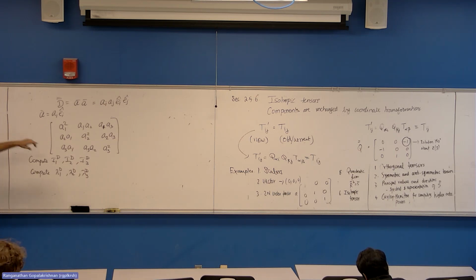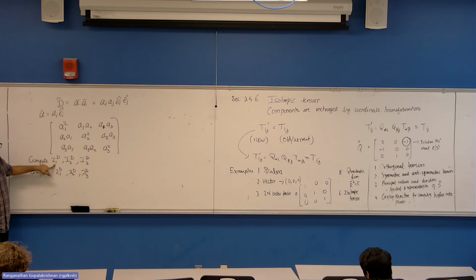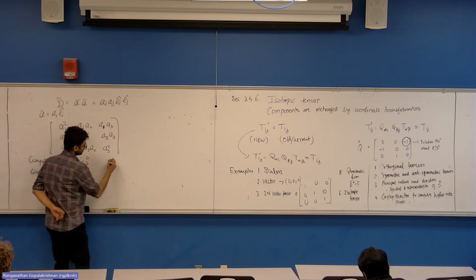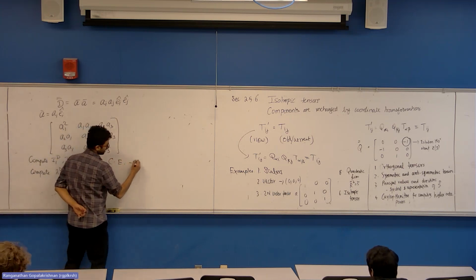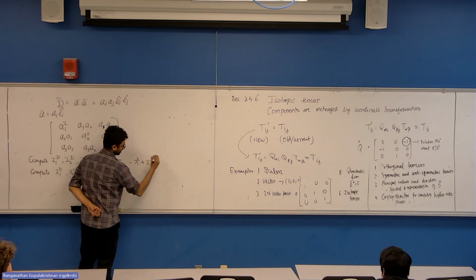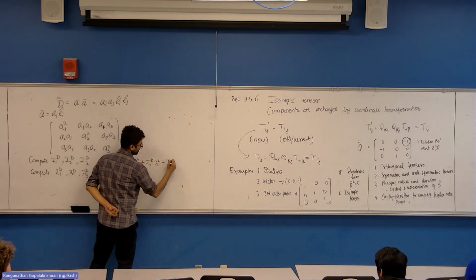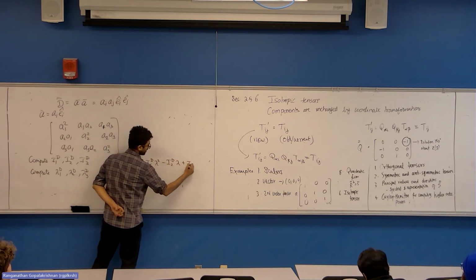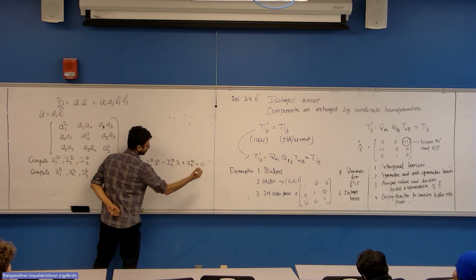If you start with these principal invariants, you can at least use them in the cubic equation, right? The characteristic equation is nothing but minus lambda cubed plus I1D lambda squared minus I2D lambda plus I3D equal to 0.